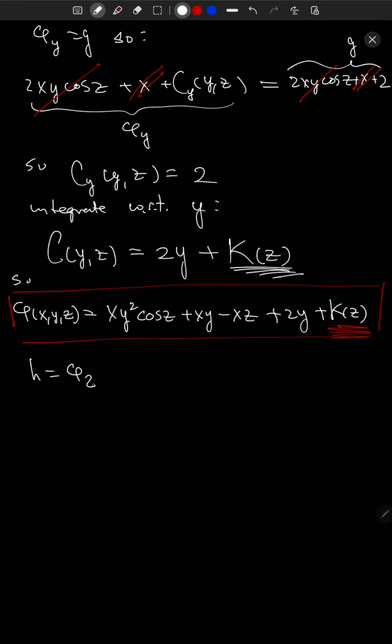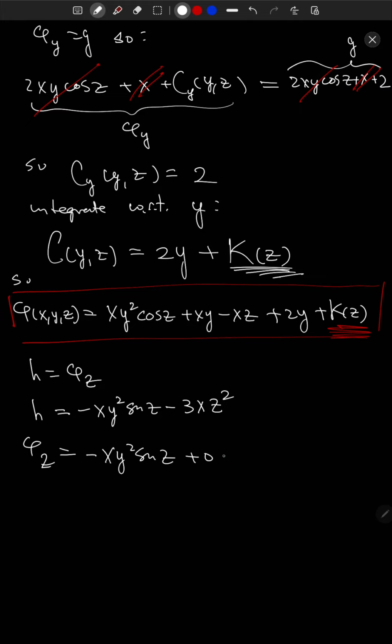Okay, so h equals phi sub z. h was minus xy squared sine z minus 3xz squared. Phi sub z is equal to, and I'm just going to differentiate what I know up here. This is minus xy squared sine z plus 0 minus... actually, something looks fishy.